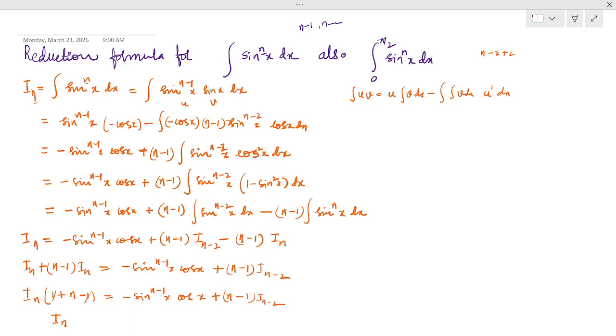Therefore, I_n is sin^(n-1)x cos x divided by n plus (n minus 1) divided by n into I_(n-2). I have cross multiplied this n to the right side.